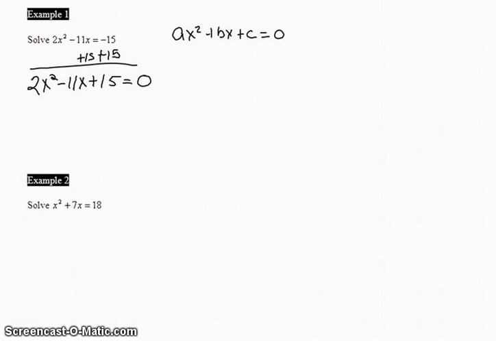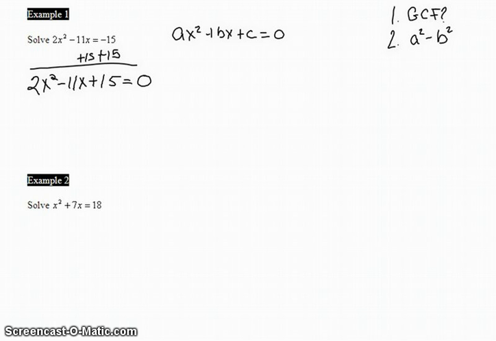Step 1. Step 2 says to factor that quadratic expression. My factoring rules haven't changed. First off, greatest common factor. Do we have a greatest common factor between 2x squared, negative 11x, and a positive 15? No. Is it special, or does it fit a squared minus b squared?